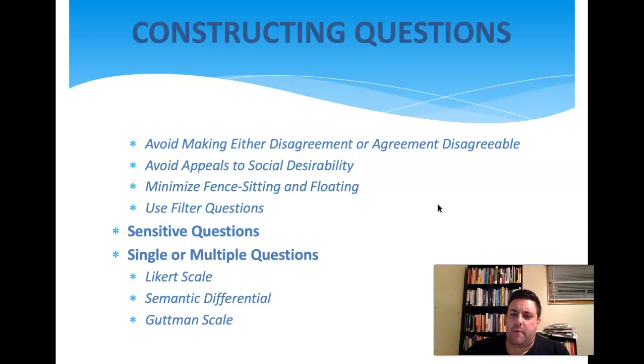And then the format of the questions, that's what the slide means by single or multiple questions. That goes back to a couple of weeks ago when we were talking about different kinds of answer options in closed-ended questions. A Likert scale is a special name for an ordinal variable. In a Likert scale, you typically have strongly disagree, disagree, agree, strongly agree.